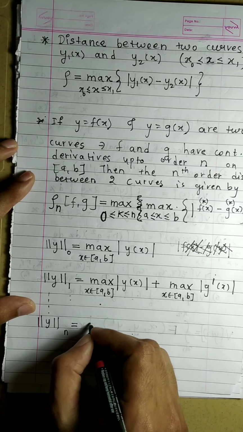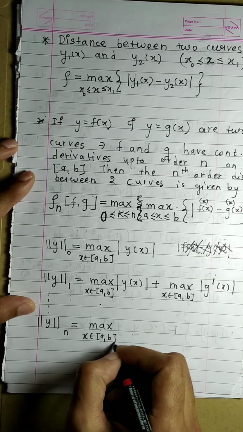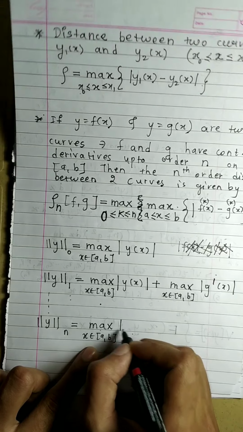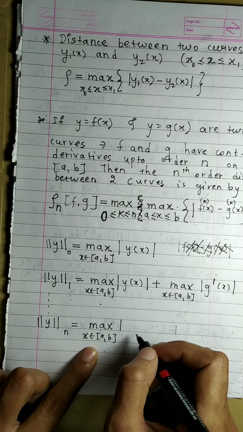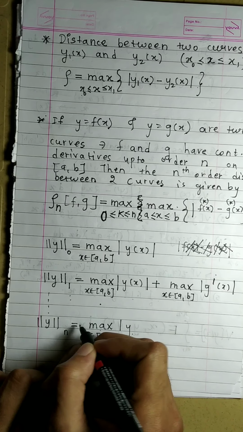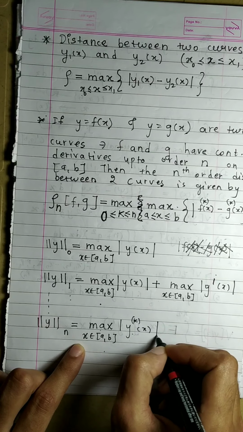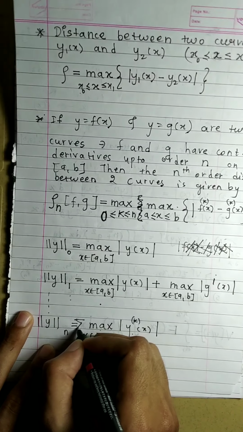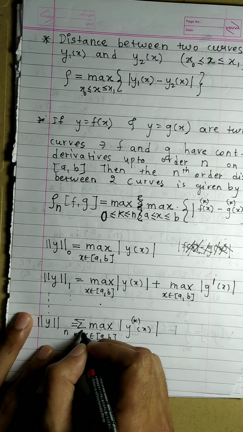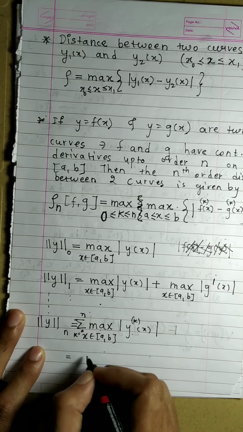Accordingly, norm of yn will be equal to the maximum over x in this interval a, b of a summation; let me write it properly again.